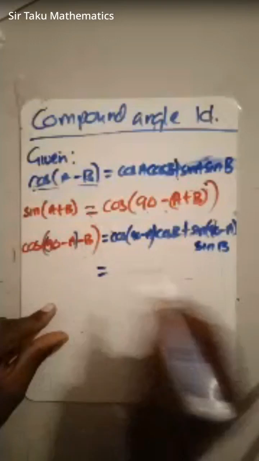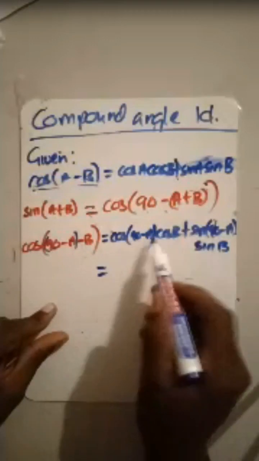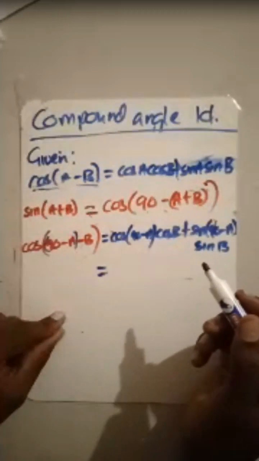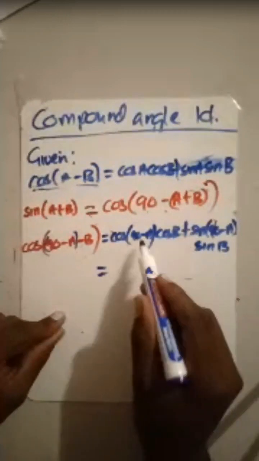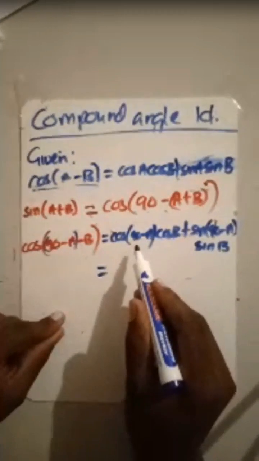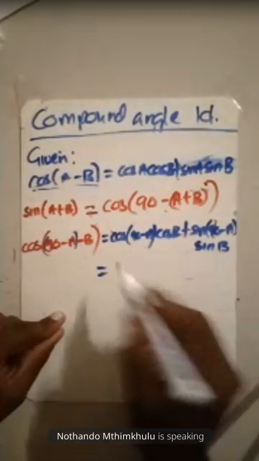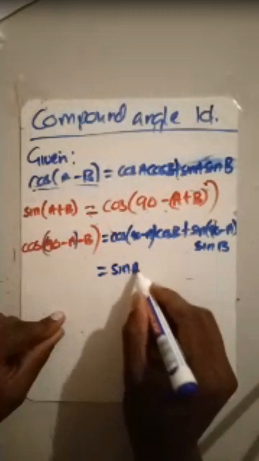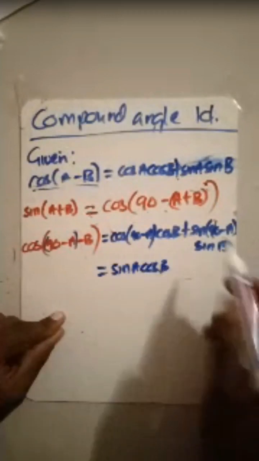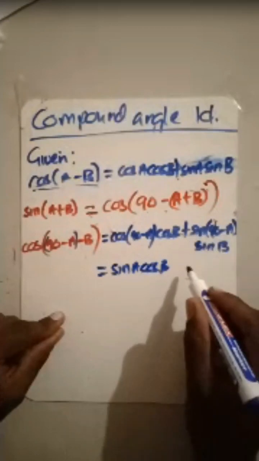Okay, so don't forget cos 90 minus A, what does it give us? It's now a co-function, because we have 90 minus A. It is going to give us sine A. Cos B doesn't change. Then sine 90 minus A, what does it give us?